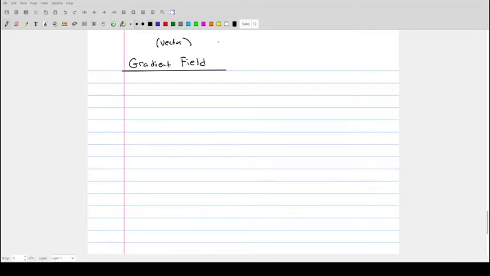Remember that a vector at any given point, you can think of it as like a directional arrow at any given point. But the idea behind the gradient field is that once the partial derivatives of a function are taken, we can store that information in a vector.